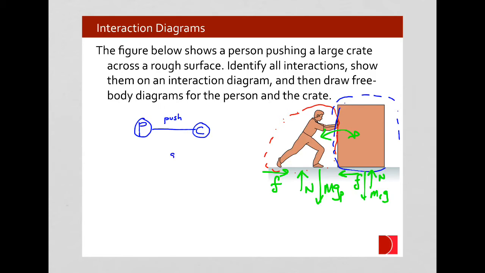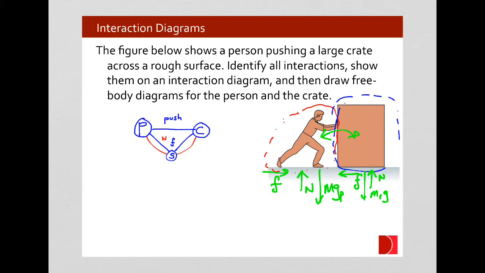There's also a surface that they're both standing on. That surface has a friction between both the person and the crate. There's also a normal force acting between the person and the crate.